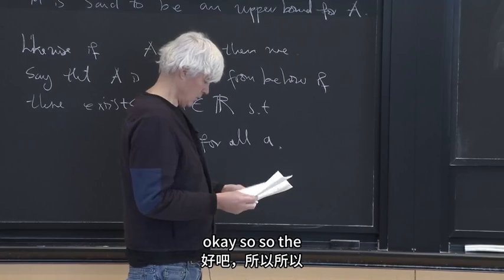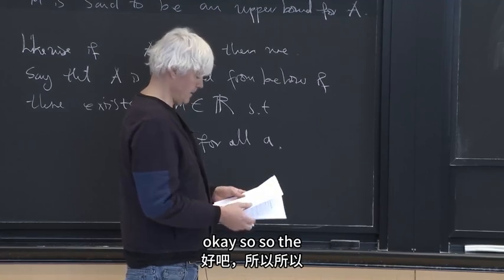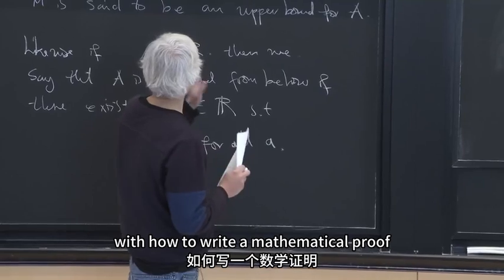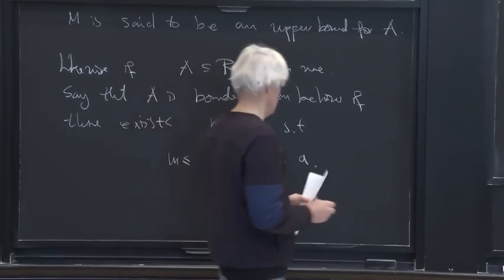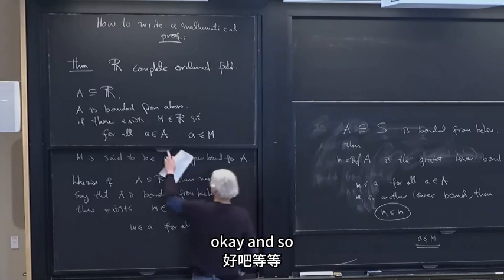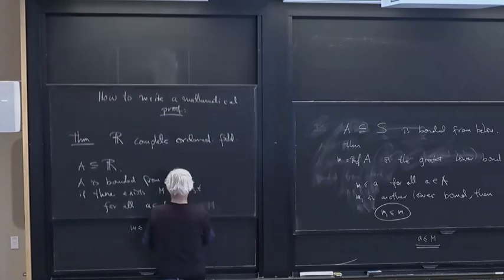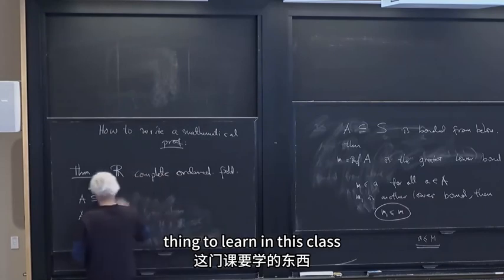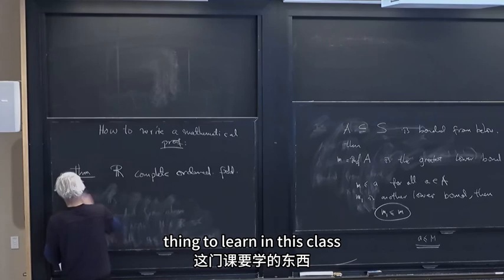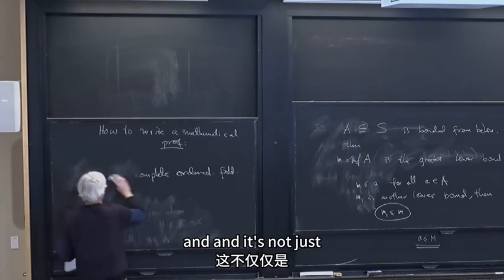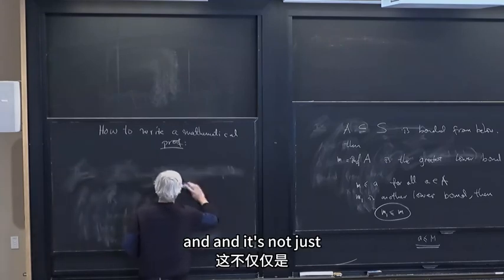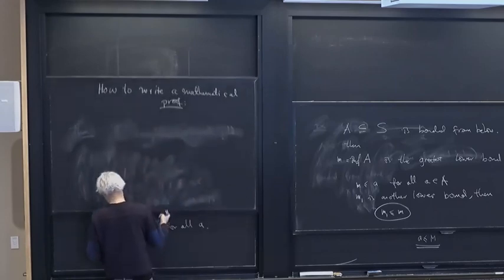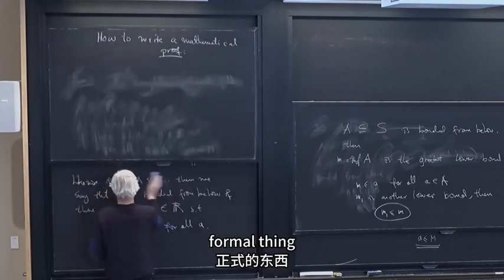Okay, so the next thing I want to get to is how to write a mathematical proof. Again, that's a super important thing to learn in this class, and it's not just a formal thing.